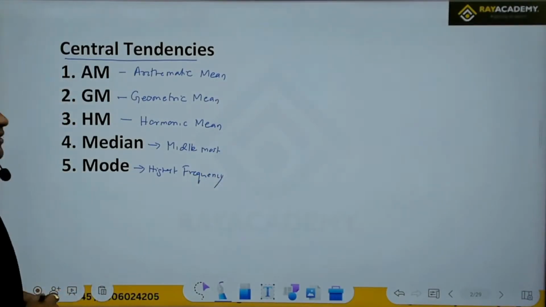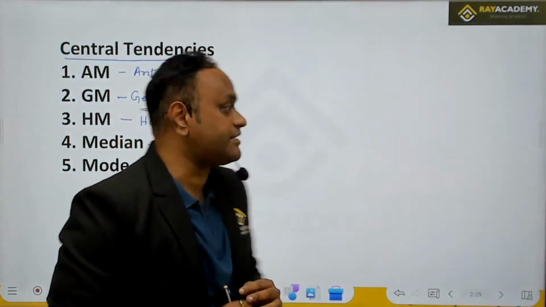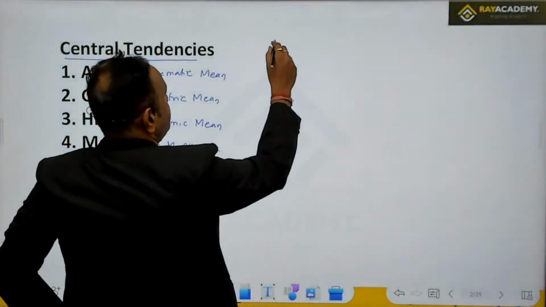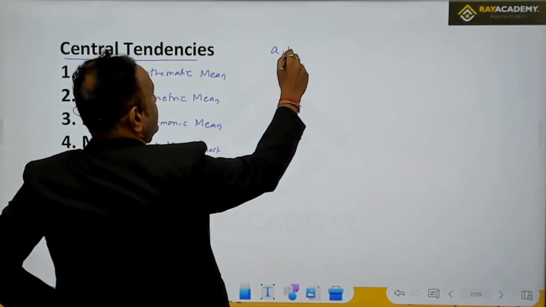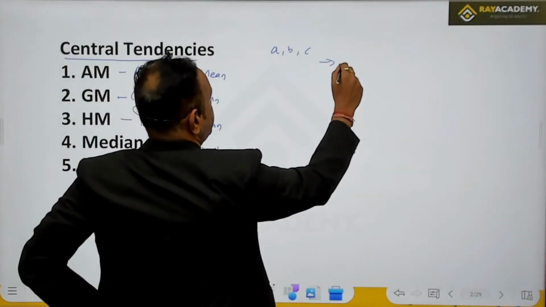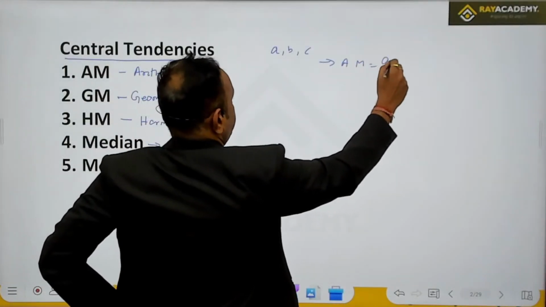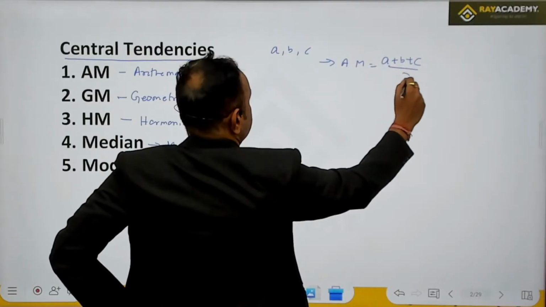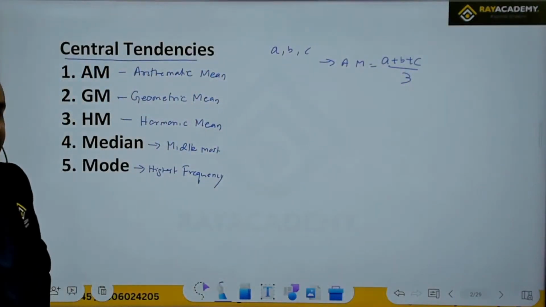So arithmetic mean is simple average. Suppose three numbers are there, A, B and C. Their arithmetic mean will be A plus B plus C divided by 3. This is the simple average.